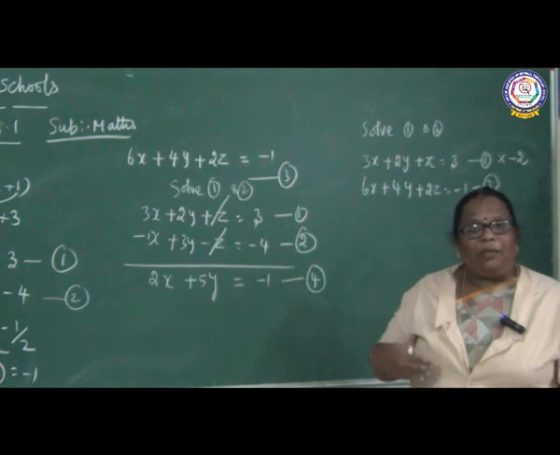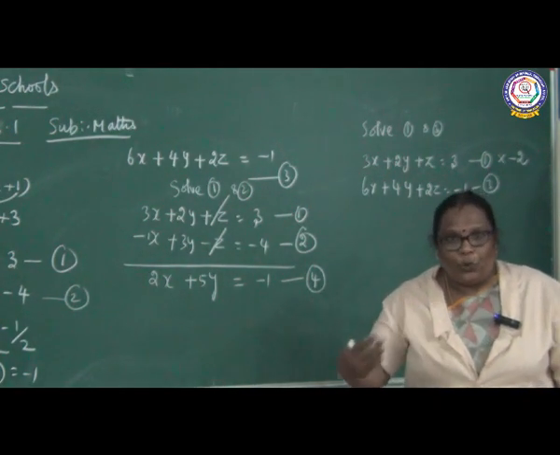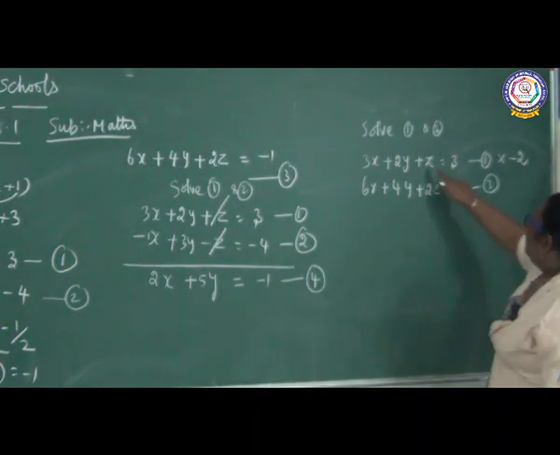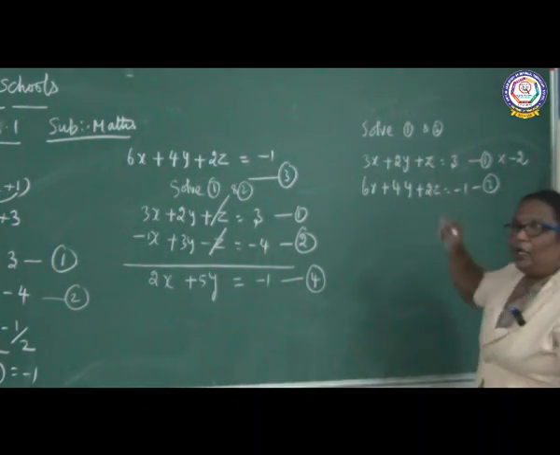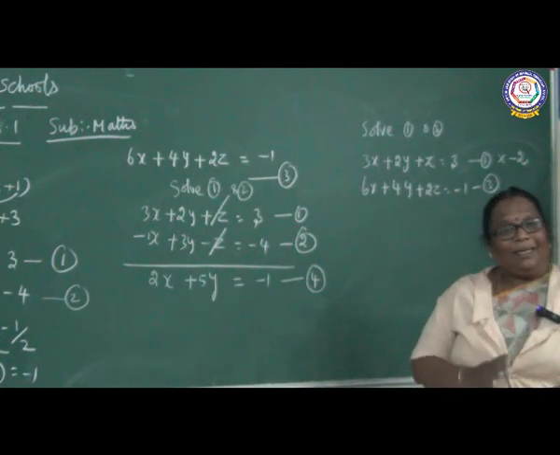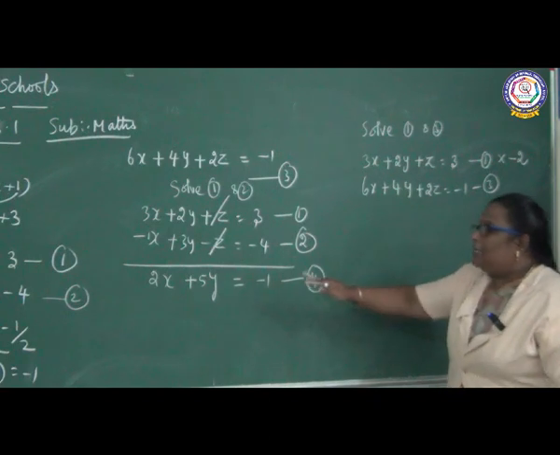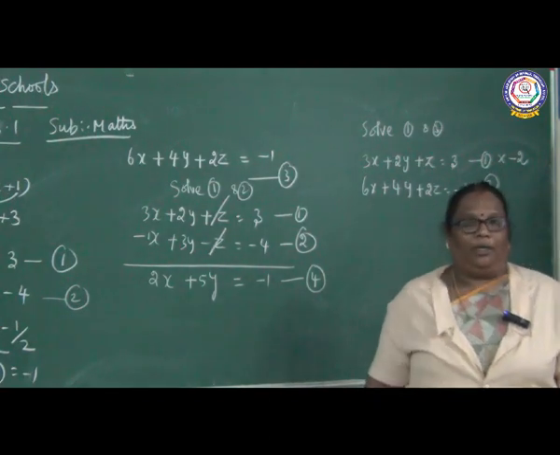When I multiply by minus 2, I am getting a value of minus 2z. Minus 2z plus 2z get cancelled. So it is easy, I am getting a value of x and y alone.